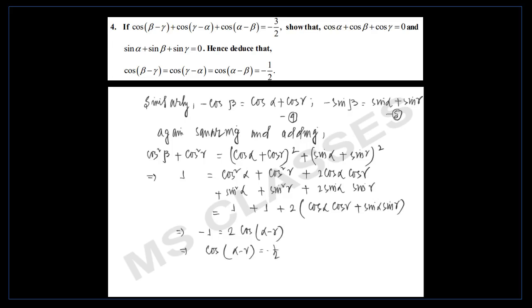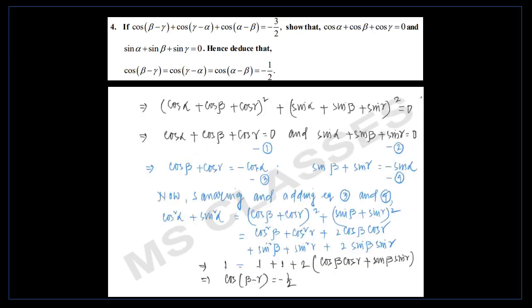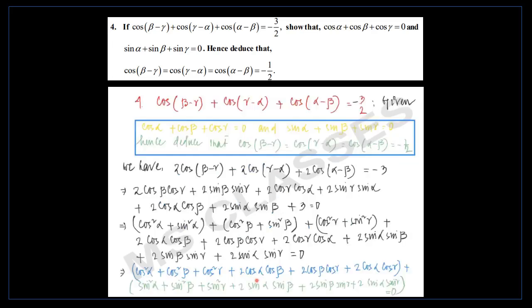So same way, same procedure. Last one we'll write similarly. We have put here the two parts. The first part was beta minus gamma. Second part we have done the same way, alpha minus gamma. Now, alpha minus gamma and gamma minus alpha are the same.